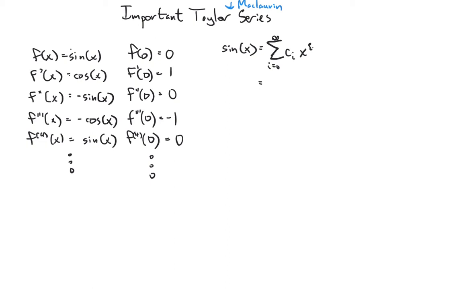So we kind of know from this what our terms are going to be. So let's write it out. We know that C0 is going to be 0. C1 is going to be 1 over 1 factorial times x.